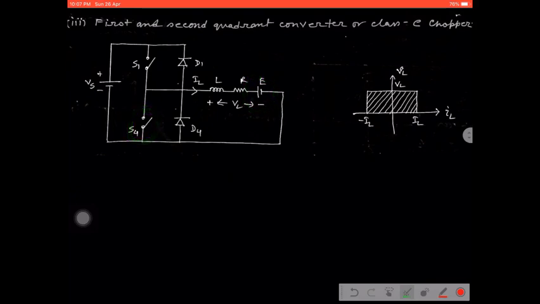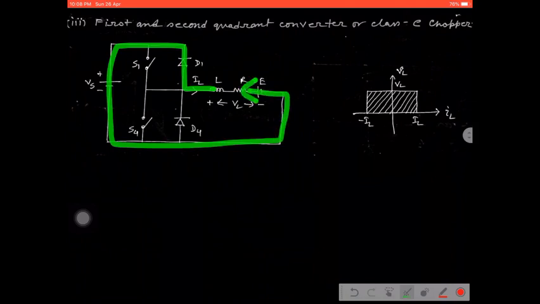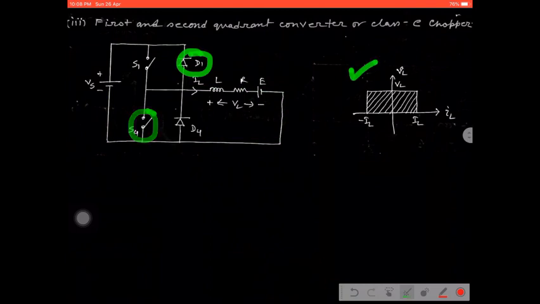That means the current is flowing through this path, right? Then the inductor gets charged, and the inductor polarity is this one. When the inductor tries to discharge, it changes its polarity. Then the inductor current starts flowing through this path, right? So that means S4 and D4. In both cases it covers both operations. So this is all about the class C chopper.